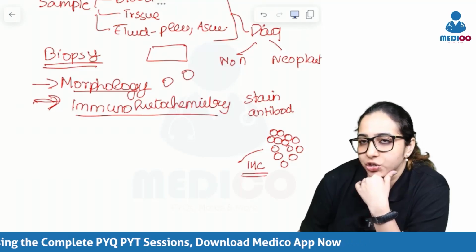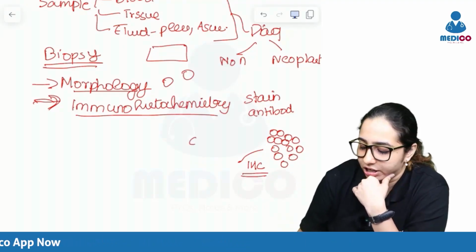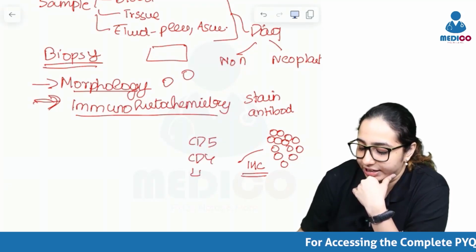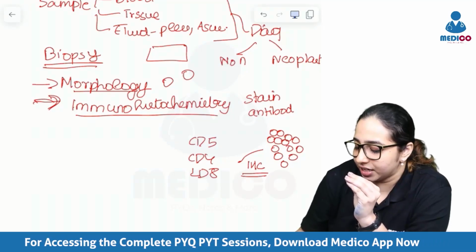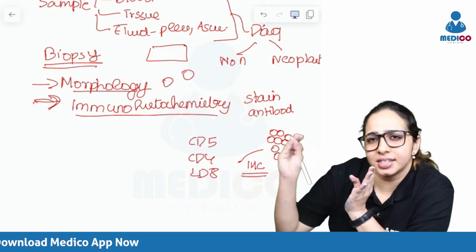Now in immunohistochemistry, I check for so many molecules, like you have heard, your CD5, your CD4, your CD8. All of these I have stains with me. I stain, and if that cell is taking up that stain, it means it is this cell.